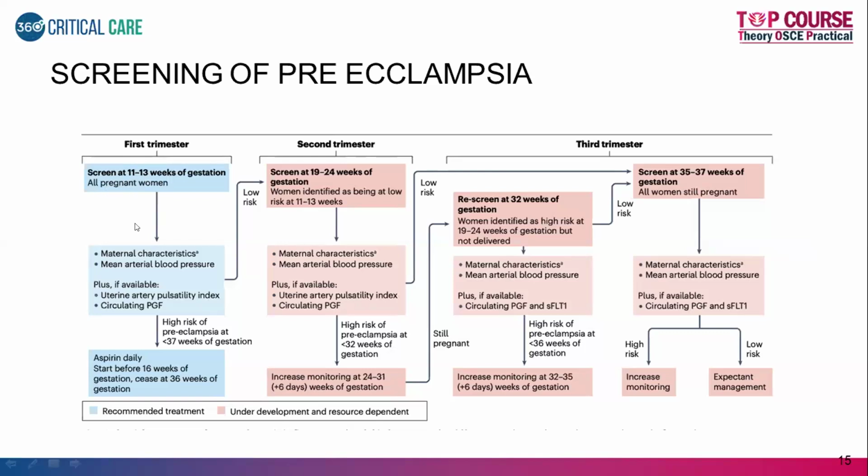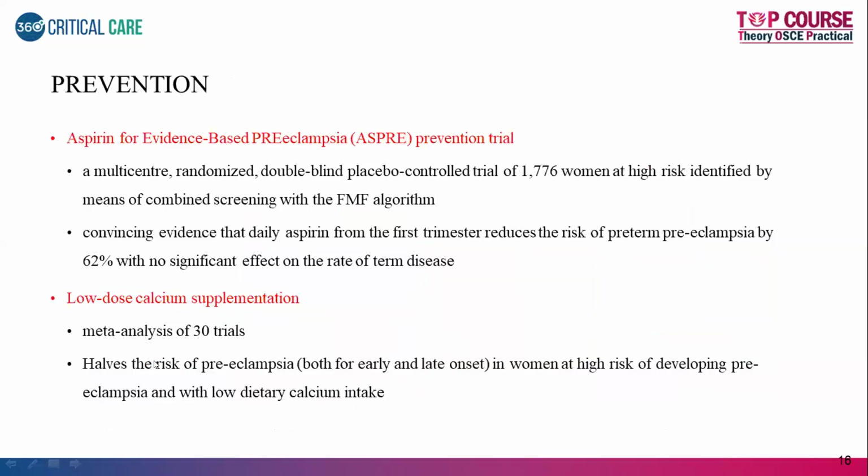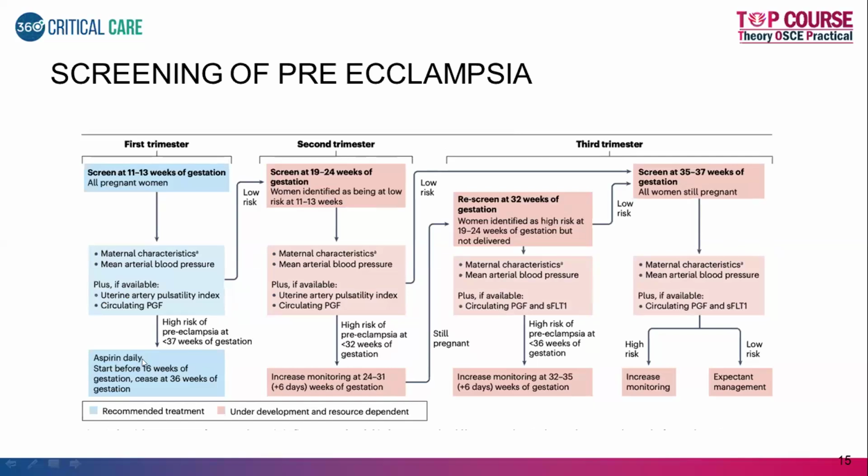Okay, so what you do is you measure the uterine artery pulsatility index. That would be the better one. See for the risk factors, measure the BP, and if possible, you do the Doppler of the uterine arteries. Okay, so if the patient is at high risk of preeclampsia, then please start aspirin.